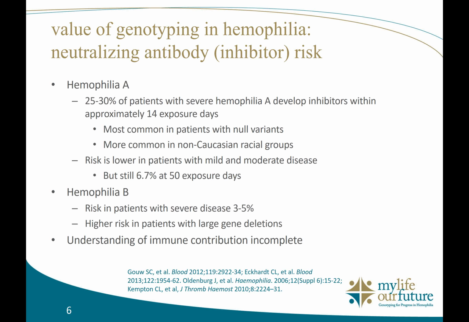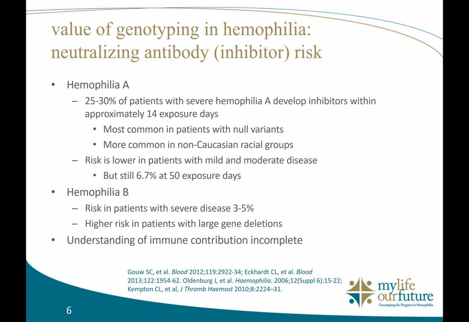We don't understand that. There's certainly genetics involved, likely, and their risk is higher than 30%. The risk is lower in patients with mild and moderate hemophilia A, but it's still at about 6.7% at 50 exposure days.